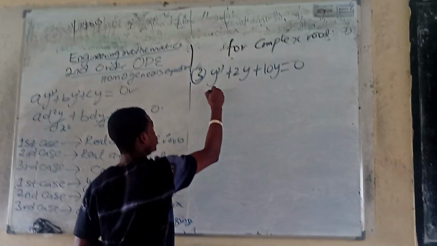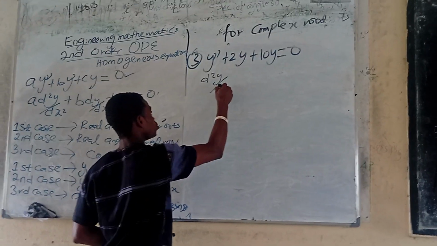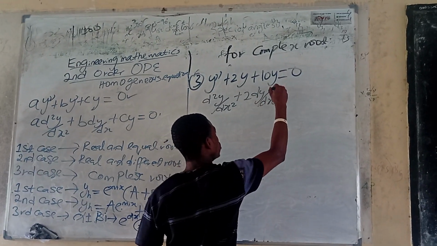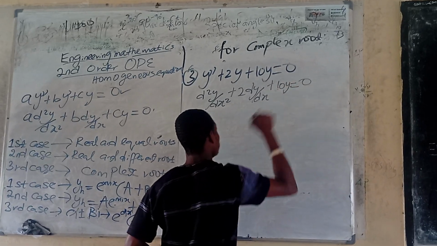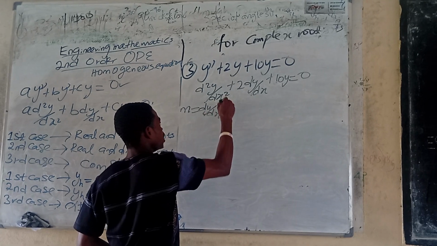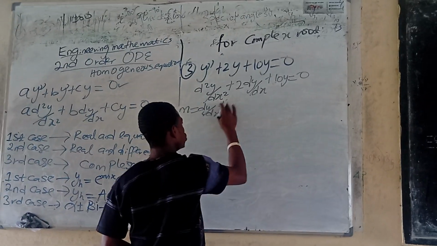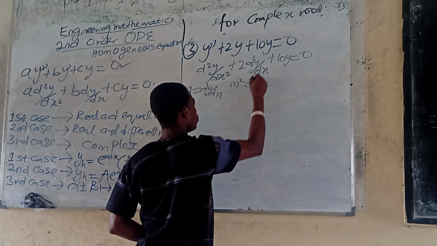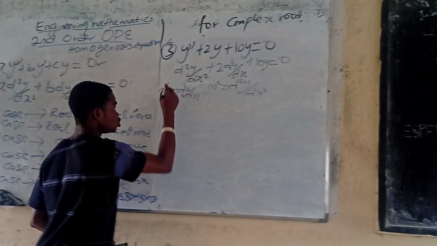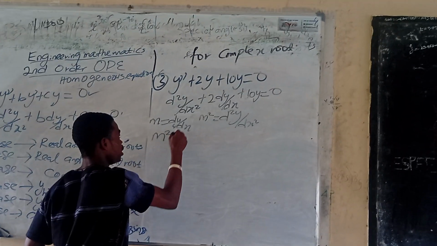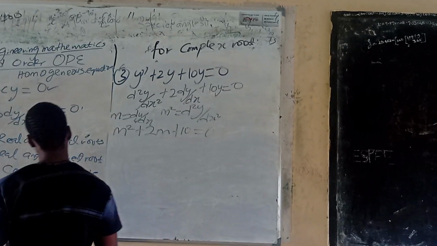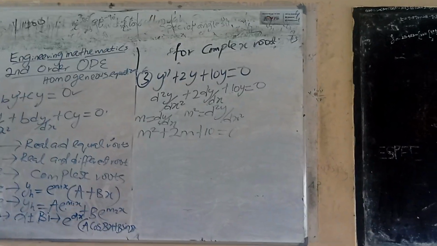So this will be d squared y over dx squared plus 2 dy over dx plus 10y equals 0. So m equals dy over dx, and m squared equals d squared y over dx squared. So substitute them in, you will get m squared plus 2m plus 10 equals 0. So we move to our quadratic formula.